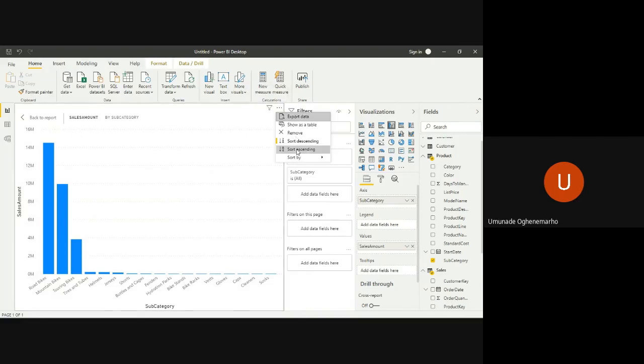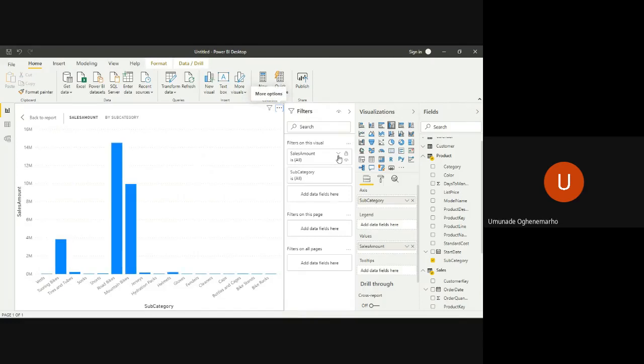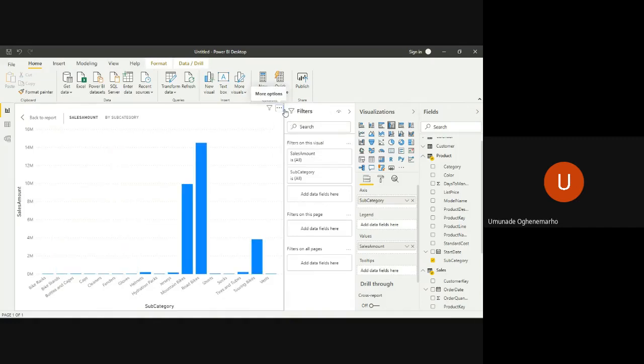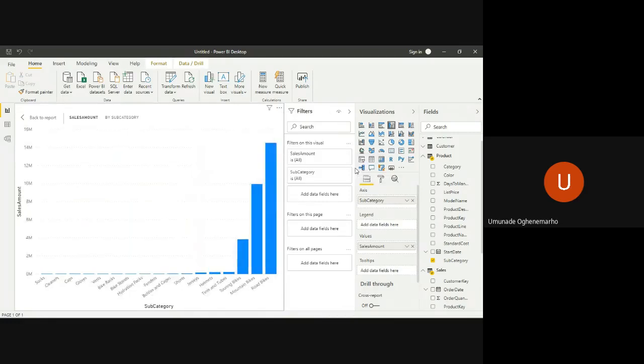Okay, sorry. Sort it by subcategory instead of sales amount. So it's now sorted randomly. Now, if I want it arranged, I can sort it in either ascending or descending order. Then I'll sort it by sales amount as we were doing earlier, so that it can make more sense. Okay. Now let's convert this to a KPI.